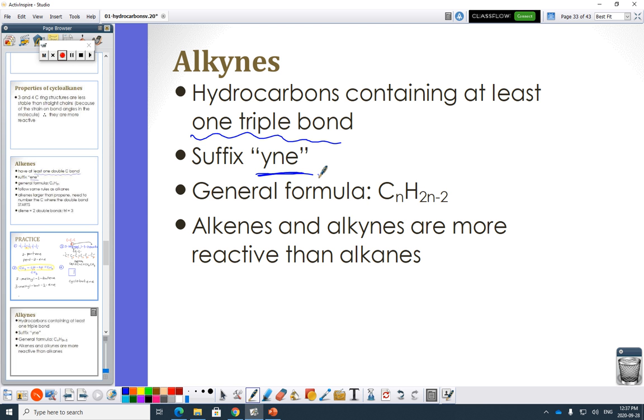And we're going to do the same thing. Still longest chain, still lowest number. You can have a double bond and a triple bond. You could have double bonds, triple bonds.